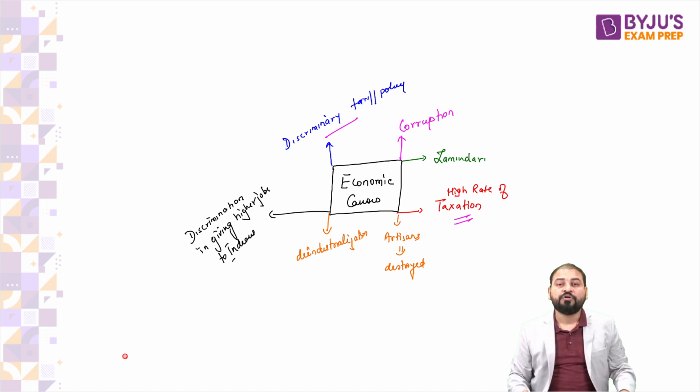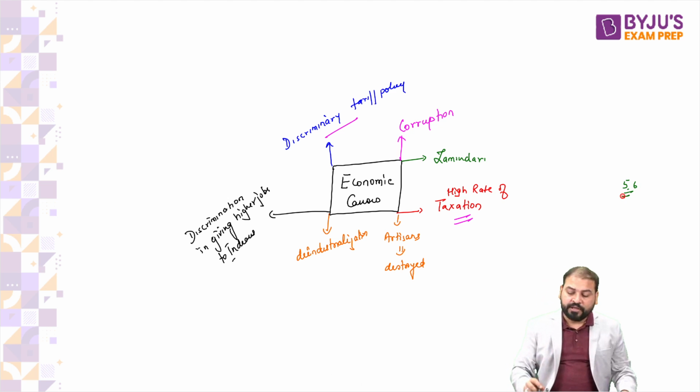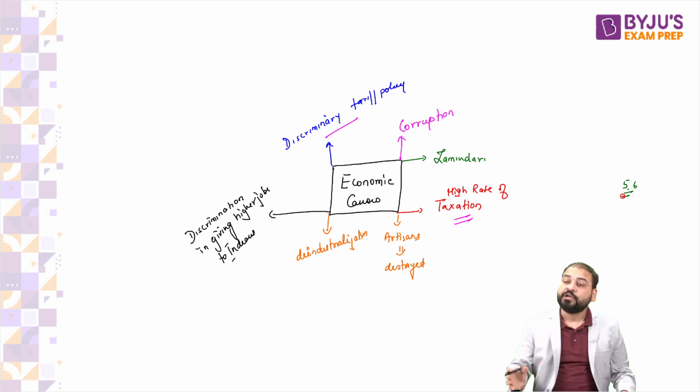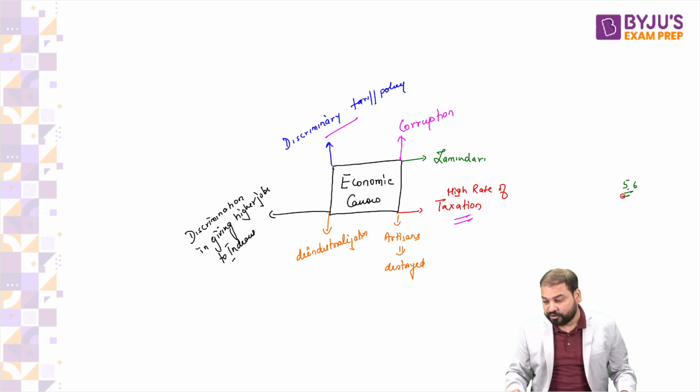Those who attended, again I'm repeating, the 5th and 6th module, any of these points you don't understand? Those who have not attended, you will have to study the 5th and 6th module.